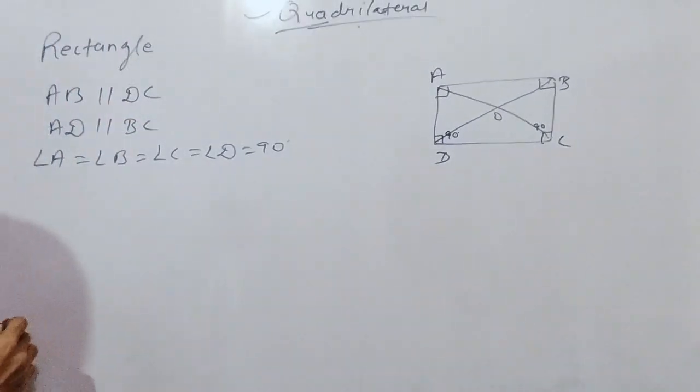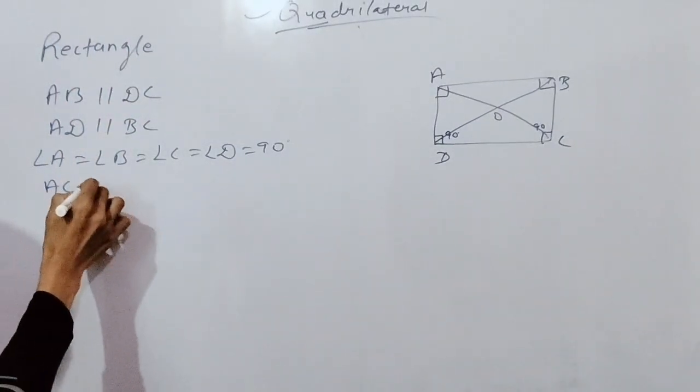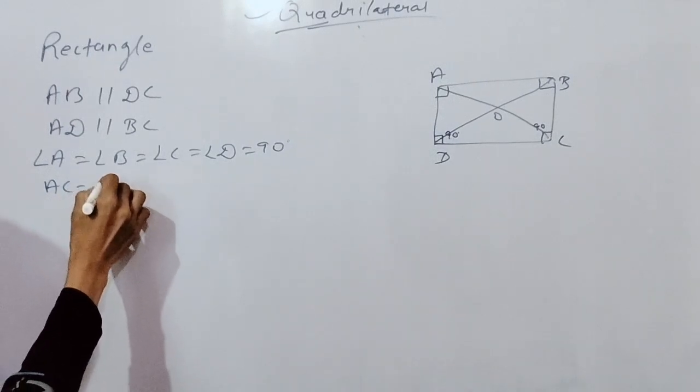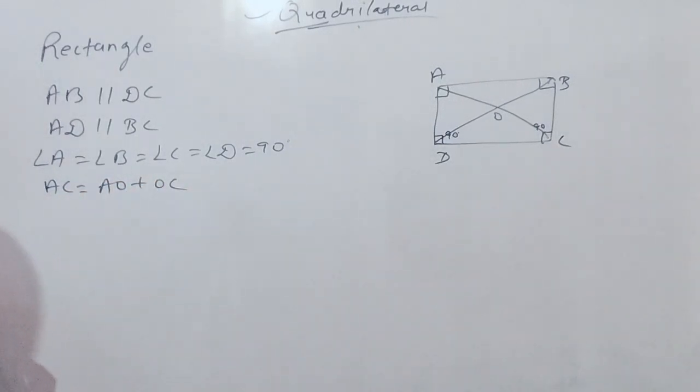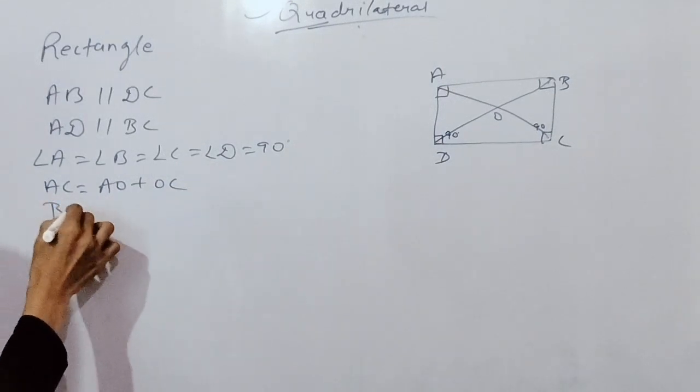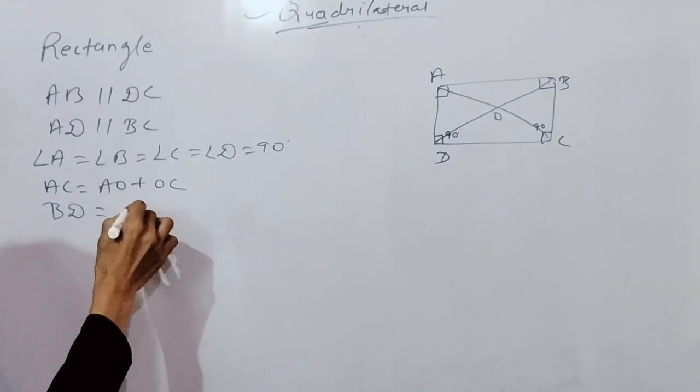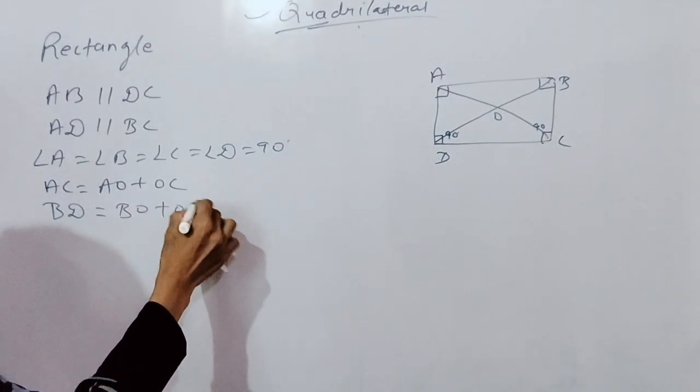Now, angle A, angle B, angle C, angle D are equal to 90. Both the diagonals are intersecting at O. AC is a diagonal, it is equal to the sum of AO plus OC. BD is a diagonal, it is equal to the sum of BO plus OD.